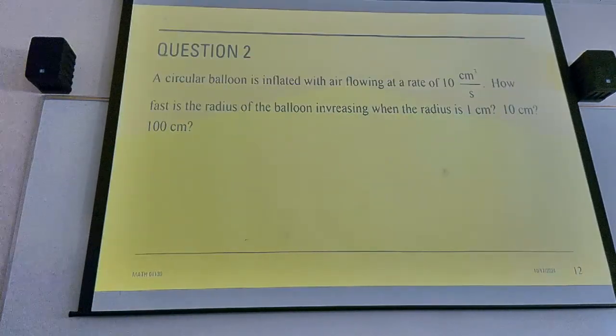A circular balloon is inflated with air flowing at a rate of 10 cubic centimeters per second. How fast is the radius of the balloon increasing at the same three values? So we have the same values here, don't we?